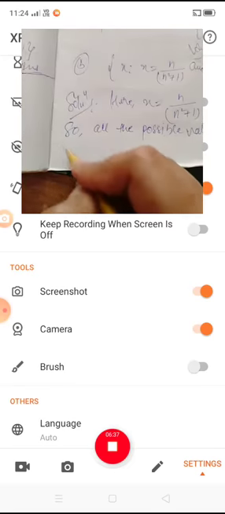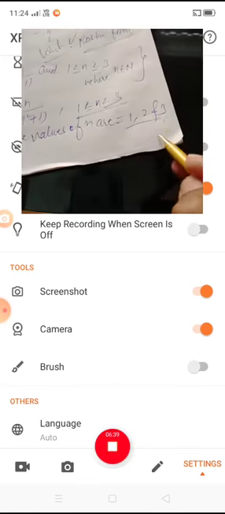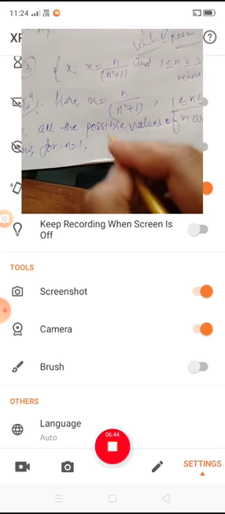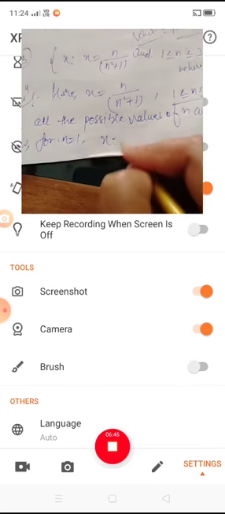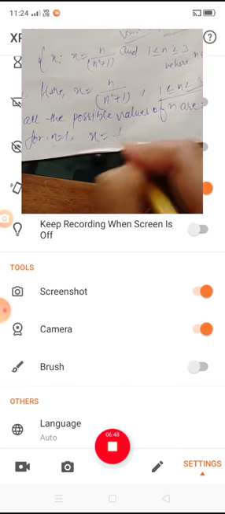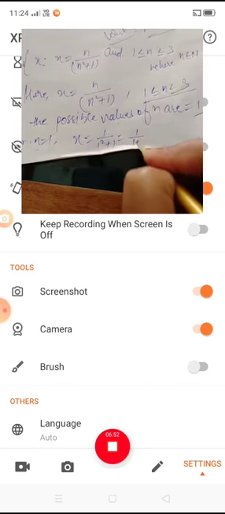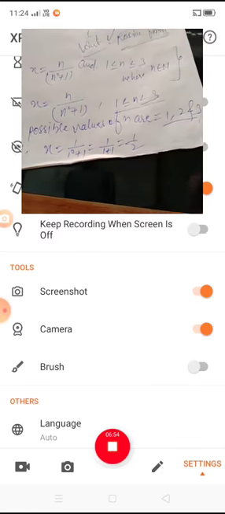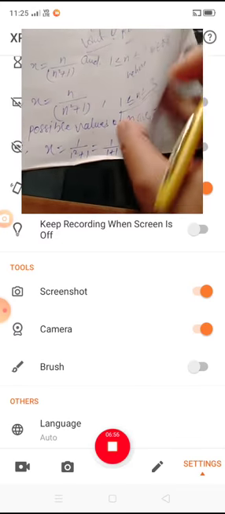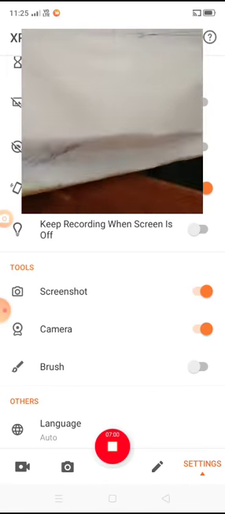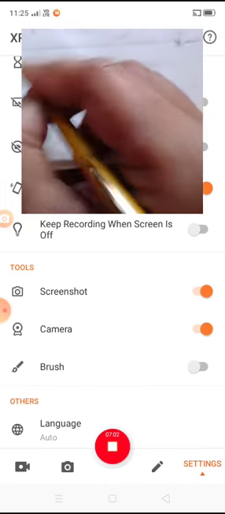Now for n equal to 1, the corresponding value of x is 1 upon 1 square plus 1, that is 1 upon 1 plus 1, that is 1 upon 2.